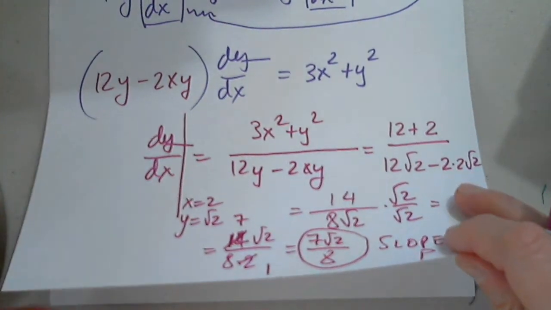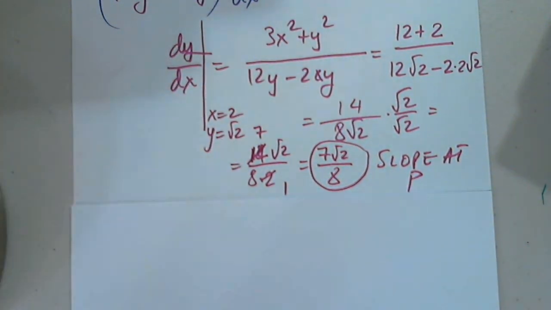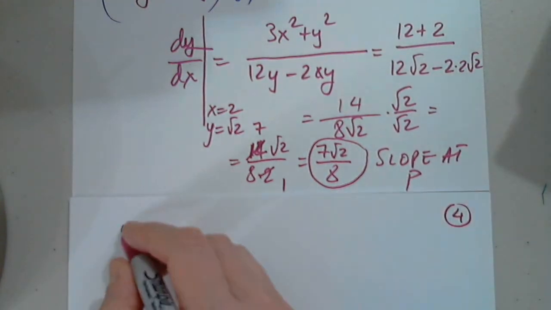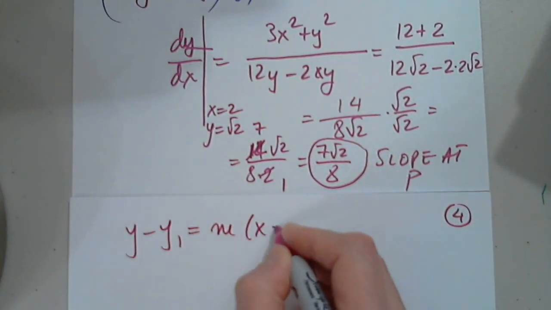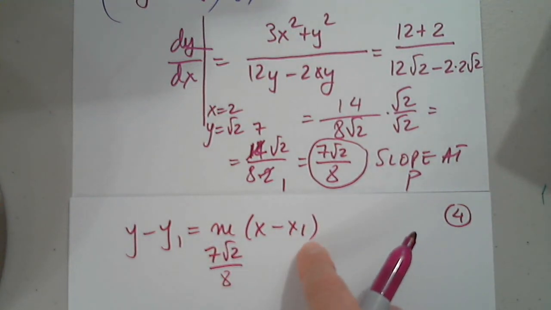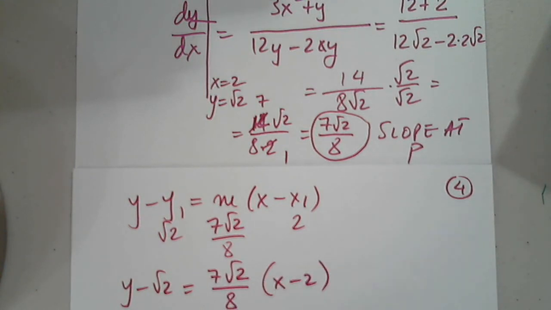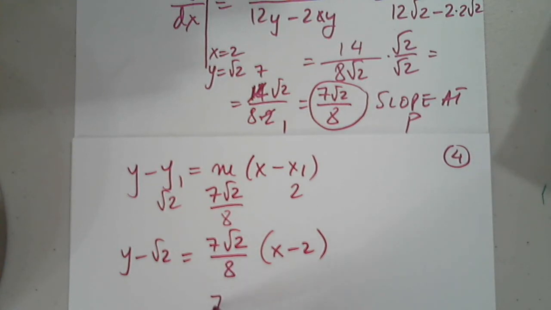So now in order to determine the equation, I have to write y minus y1 equals the slope times x minus x1, where the slope is 7 square root of 2 over 8, x1 is 2, y1 is the square root of 2. So y minus the square root of 2 equals 7 square root of 2 over 8 times x minus 2. I distribute, so 7 square root of 2 over 8 x, and when I distribute here, I get minus 7 square root of 2 over 4.